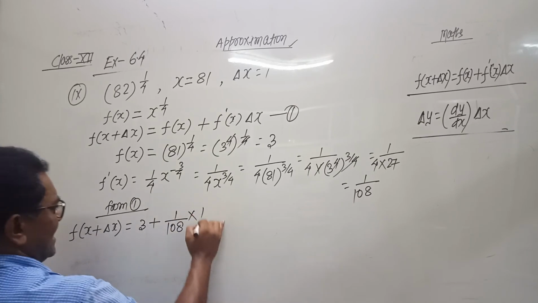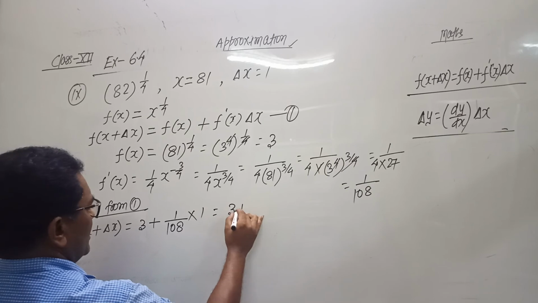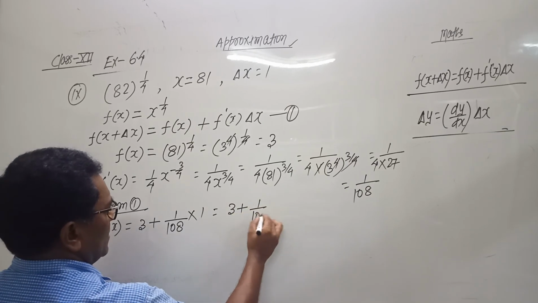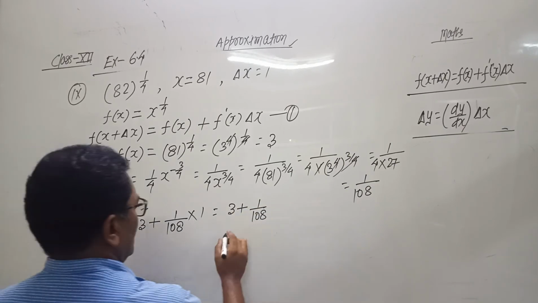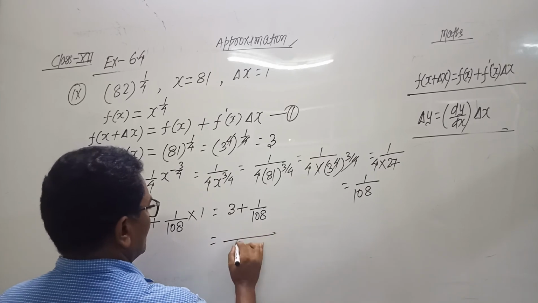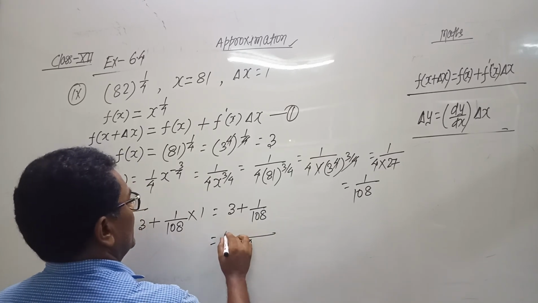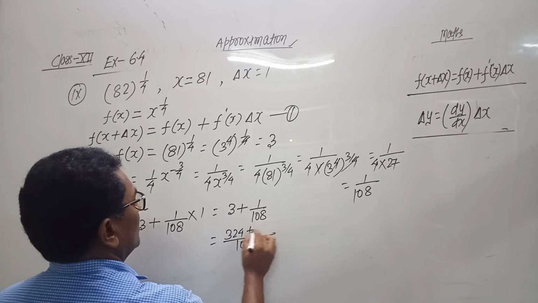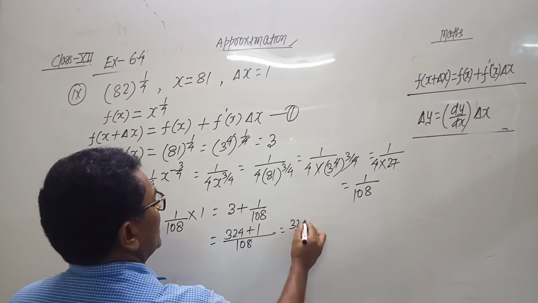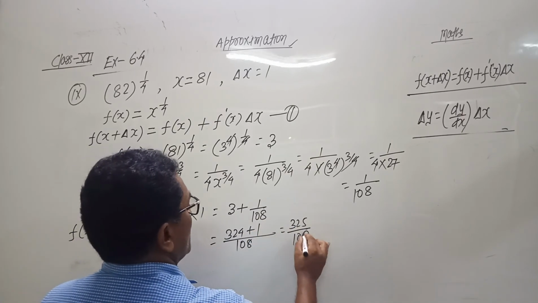The value of delta x is 1. So we get 3 plus 1 upon 108, taking LCM. It comes to be 324 plus 1, means 325 upon 108.